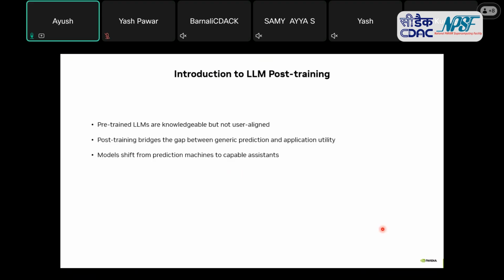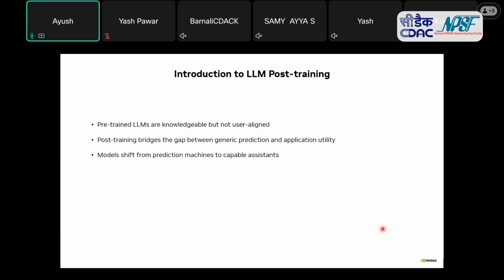Once the pre-trained model has captured the information shown in the data during the pre-training stage, now comes the post-training stage, which tries to bridge the gap from generic prediction. The models we used to see in deep learning four or five years back, in the pre-generative era, were mostly suited for a single task or a few tasks, but not for all sets of tasks.